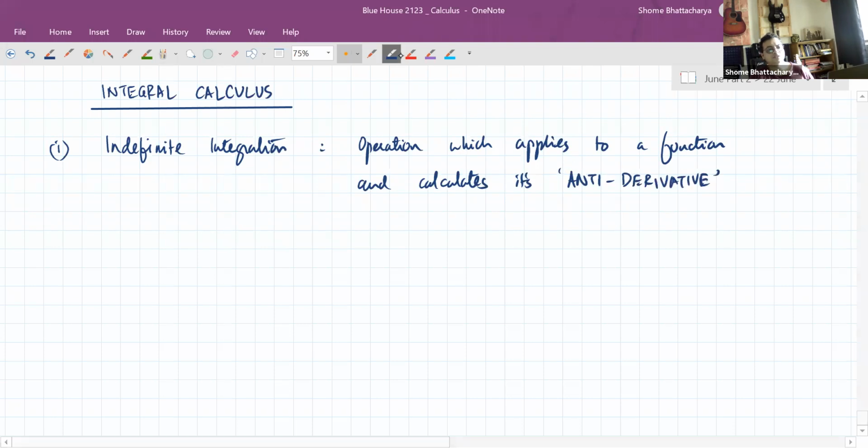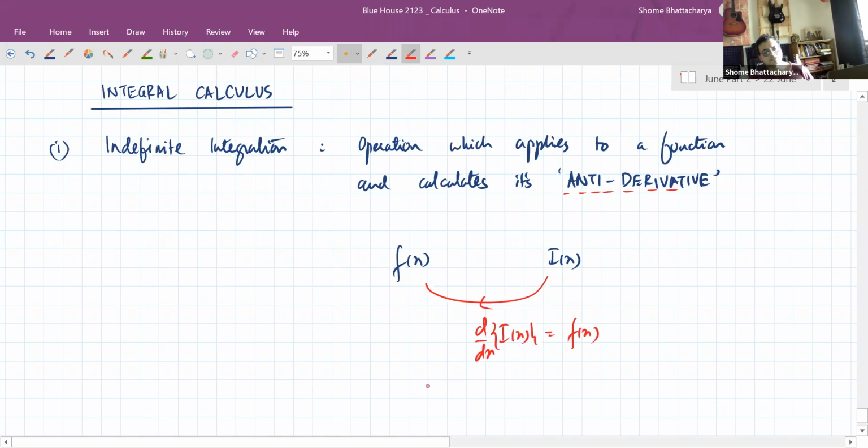So let us understand the meaning of the term antiderivative. If differentiation of this function is equal to f(x), then we say that this F(x) is the antiderivative of f(x).